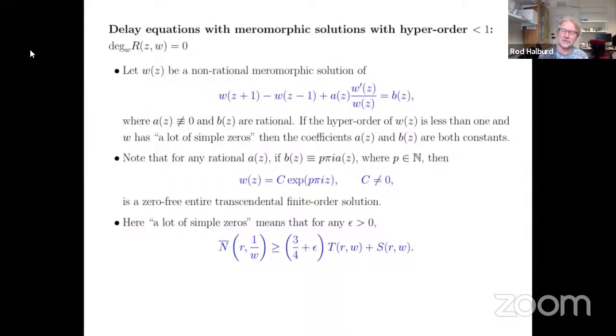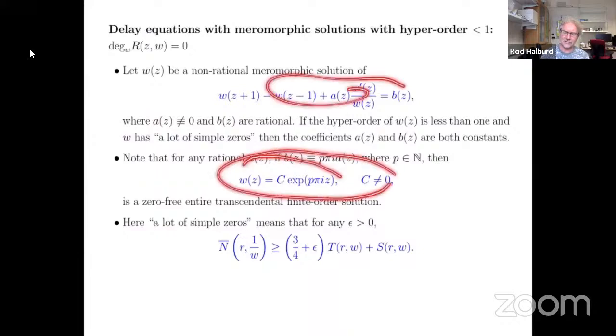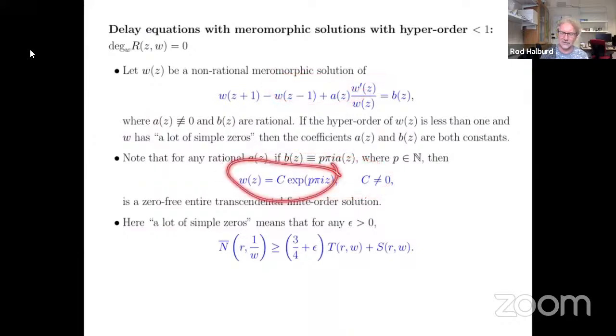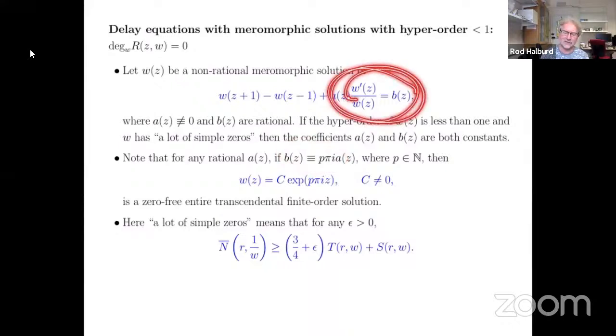So in our previous work, we were able to prove this, but here we had to have it as an assumption. And there's a reason why you have to have it as an assumption, because there are equations of this form with solutions that look like this. Basically, if I have this relationship between A and B, I can have this bit satisfied by an exponential and this bit satisfied by the same exponential.